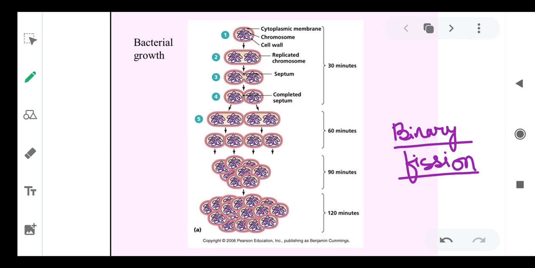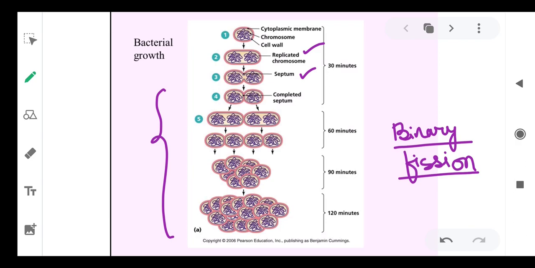Now, you know that this is the typical flow chart of bacterial growth. In the first 30 minutes, what you get to see is that the cell is replicating its chromosome. The chromosome is being replicated, followed by the development of a septum that will partition the two chromosomes.